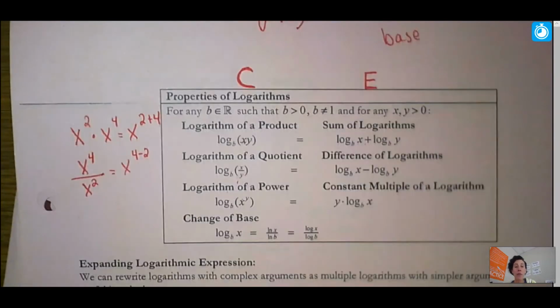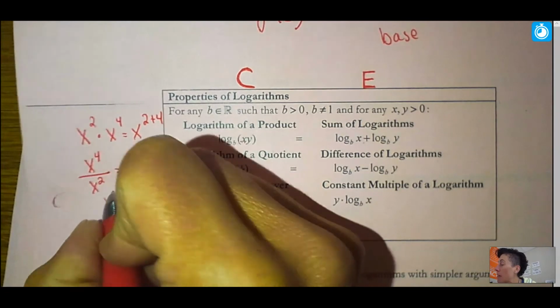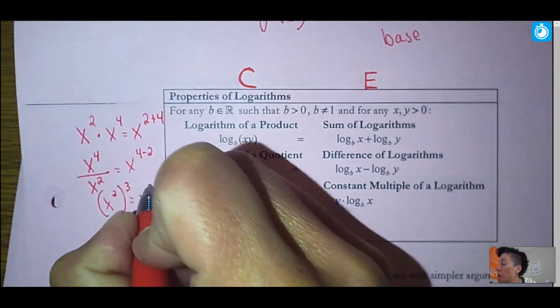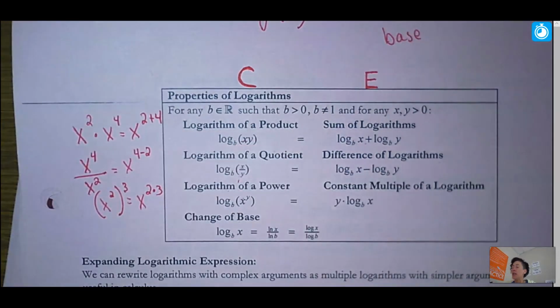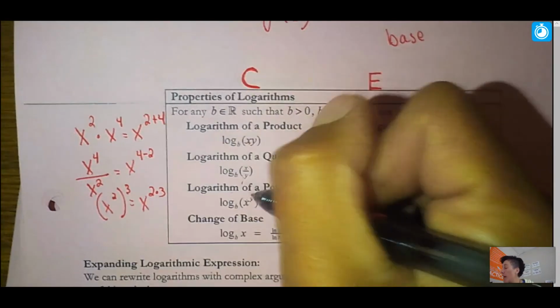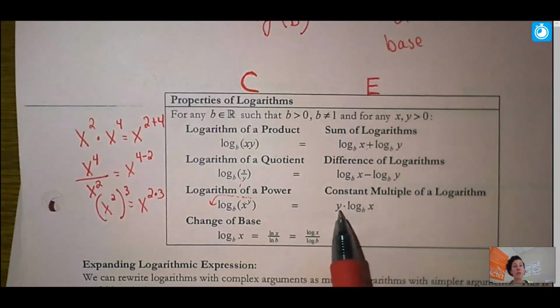The last one that this is similar to is if I have an exponent to another exponent, then you can just multiply those exponents. So if you see an exponent in your argument, it can move to the front, and then it starts to multiply.